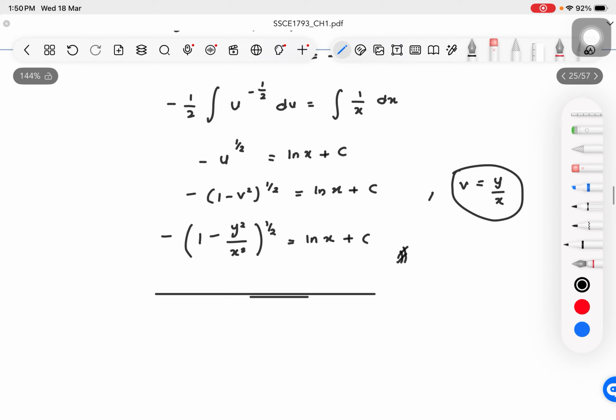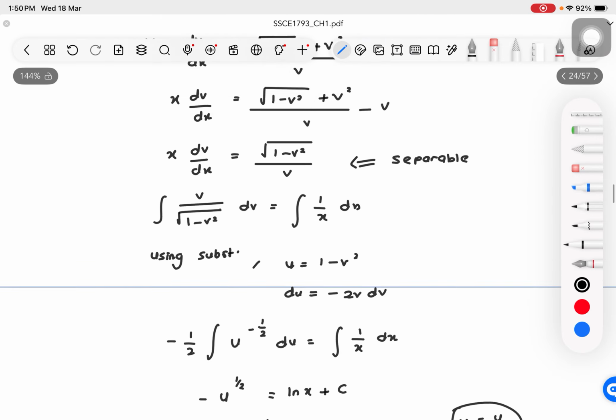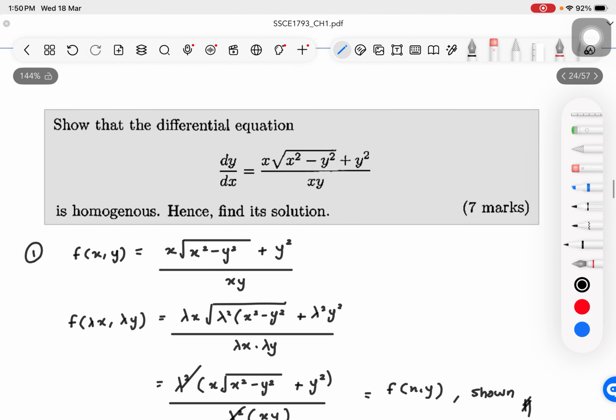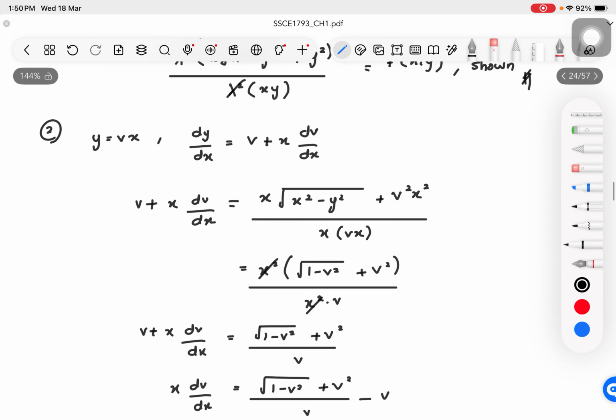Alright, so actually it's not difficult. Basically to solve a homogeneous equation, there are 5 steps that you need to follow. First thing first, you need to check for the homogeneity. How to check? You need to make sure that your f(x,y) is equal to f(lambda x, lambda y). Once you confirm that your equation is homogeneous, then you make a substitution where y is equal to vx, and dy over dx is equal to v plus x dv over dx.